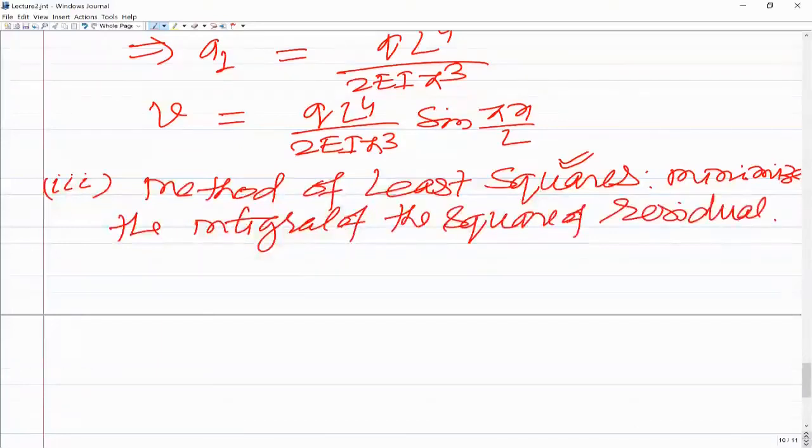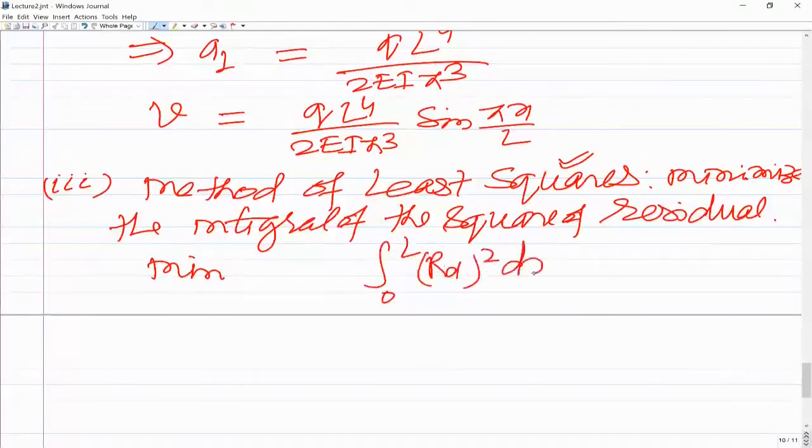So for the problem at hand, let me write first. The integration 0 to L of Rd square, so first we square the residual and integrate over the entire domain. When you do the integration, x would be eliminated, and then the result would be a function of the unknown constants.